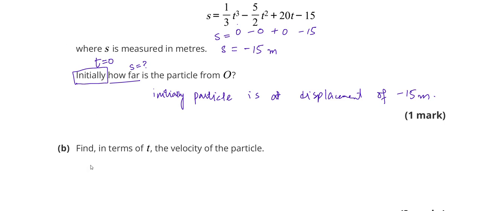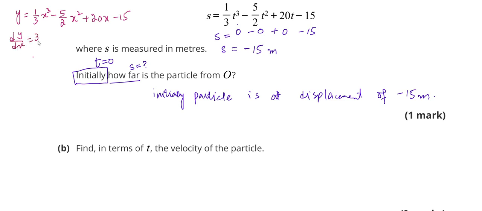What should I do to find out the velocity of the particle? We have to differentiate it. Just like if you would have y is equal to 1 over 3 x cube minus 5 over 2 x square plus 20x minus 15, and if you were supposed to find dy over dx, how would you do it?